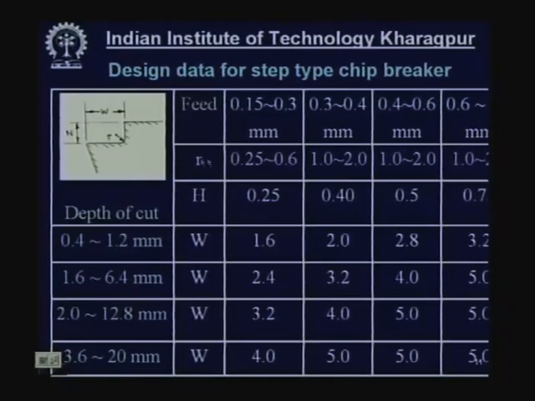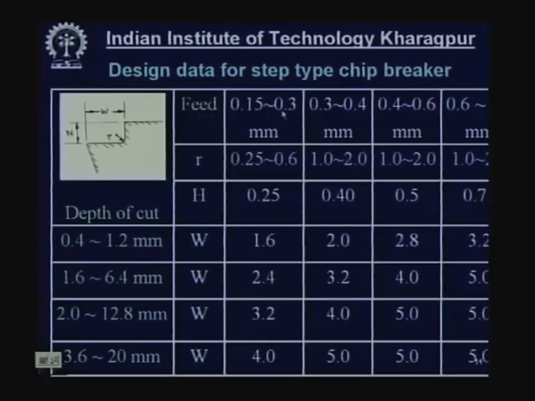Now, as I told you, the critical radius of curvature for any work material depends upon the cutting velocity, feed, and depth of cut also. So the values of H and W will depend upon the feed and depth of cut at which you are working.